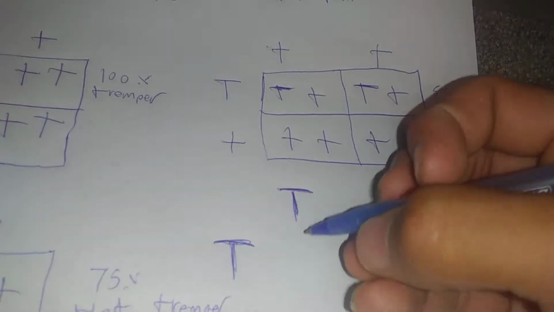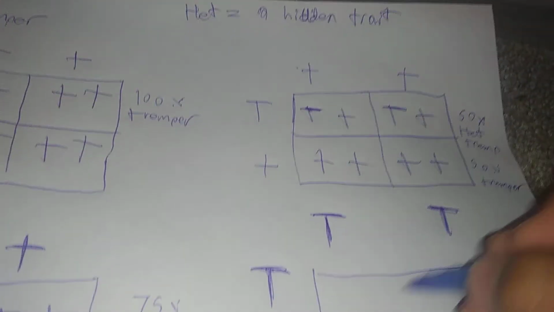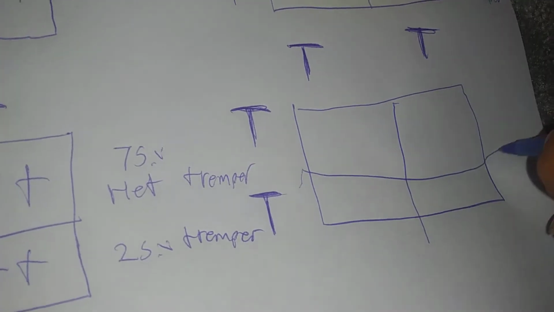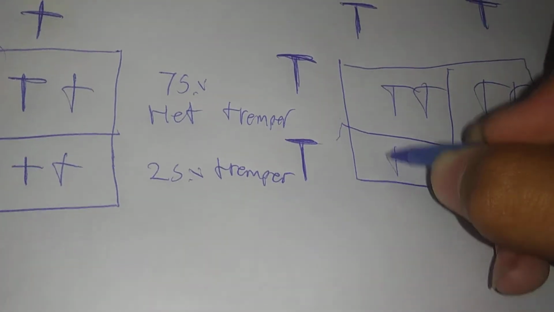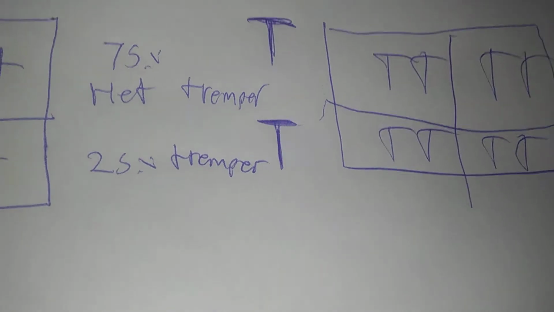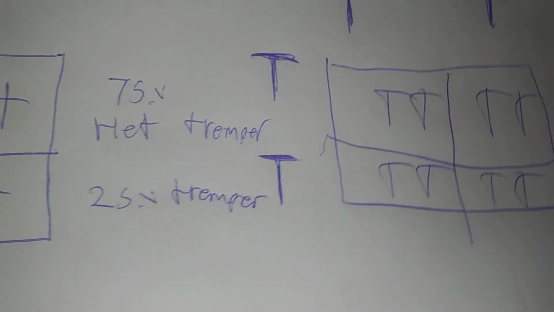There are different ways it could come out, and it's not het Tremper. And if it's just a normal, this is all just a normal gecko, not carrying any traits. That's 100% normal.